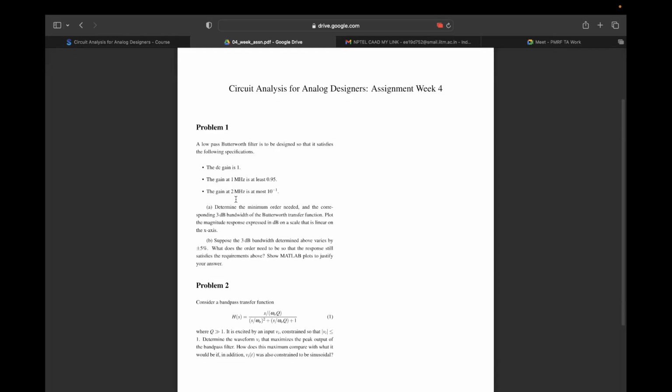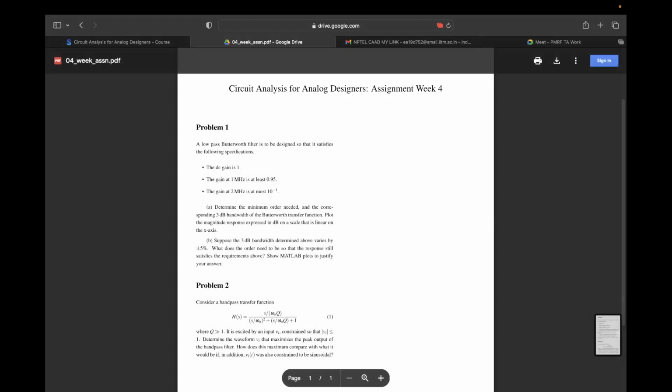Okay. So let's start with the first question, second part. What we have over here is a low pass Butterworth filter that needs to be designed that satisfies these things. That you need DC gain of 1. Okay, I will put it on my workspace, and then we will go from there.